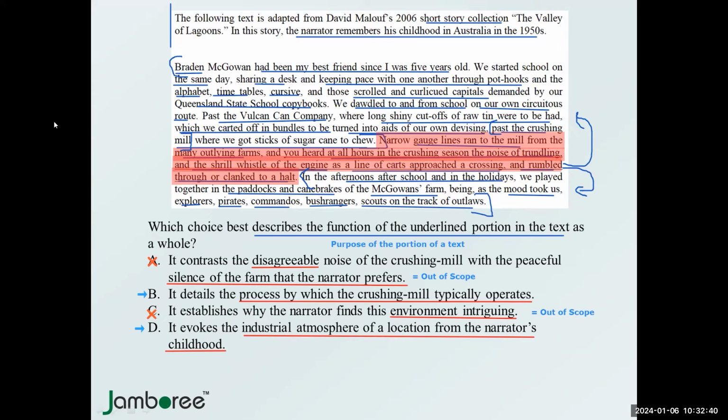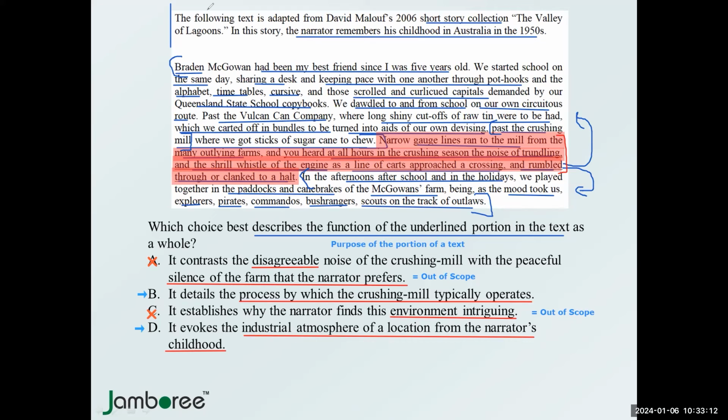You see how this particular portion gave you a description of the crushing mill. In the whole process of the narrator telling you about what he did in his childhood with his friend, was the focus of this underlined portion only to give you a description of the crushing mill, or was it to tell you a part of his childhood?